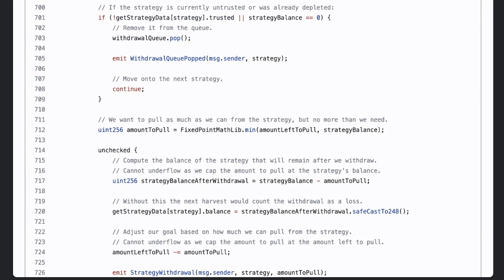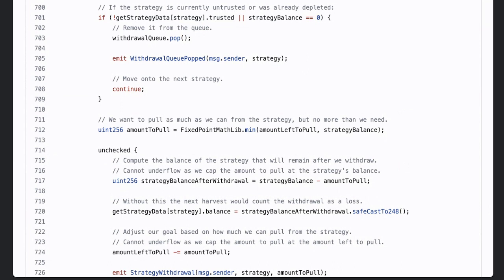We're just lowering it. The only surprising thing there is there's a safe cast. That's from Solmate SafeCast. The reason that's there is because the strategy balance after withdrawal is computed as a 256-bit integer, but we store strategy balances as 248-bit integers, because we encode something in the other 8 bits.